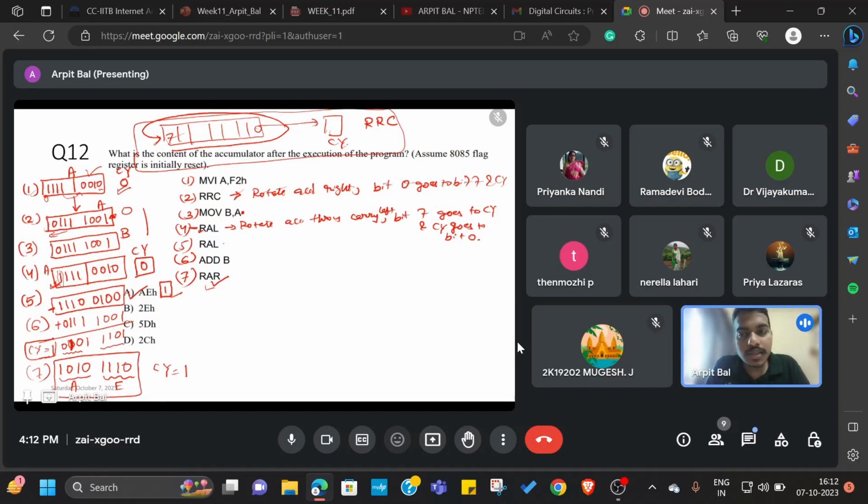In this question, for instructions like RAL and RAR, the carry also plays a role, because whatever is in the carry flag moves into the accumulator. So you should be a bit cautious while solving these questions, because many times when these rotate instructions are used, people tend to forget whether carry has to be included or not. So please at least remember where carry is included and where carry is not included.